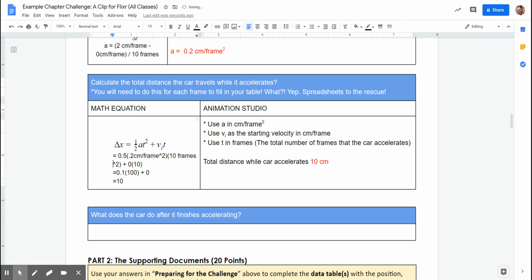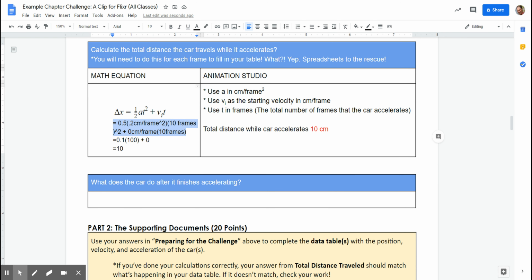And you have to square both. In this case, maybe I should put this square outside the parentheses so you know you're squaring both the 10 and the frames. And then this is centimeters per frame, and over here is 10 frames. Now this looks a lot worse than what we saw before, but it's the same. I've just included my units. It's still 0.5 times 0.2 times 10 squared, and that's it.